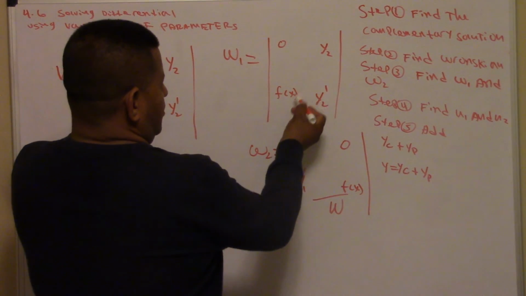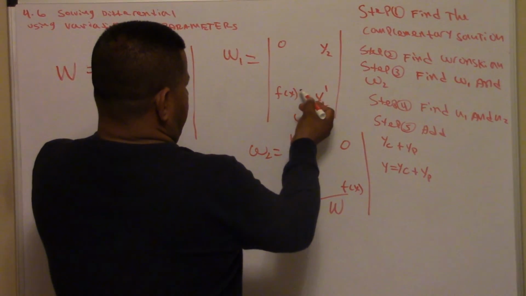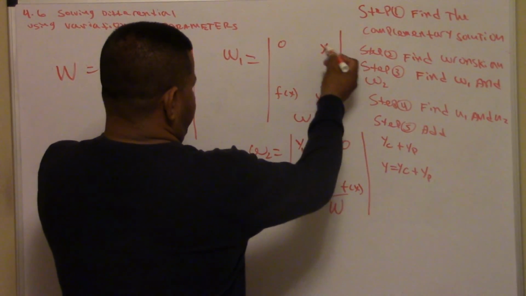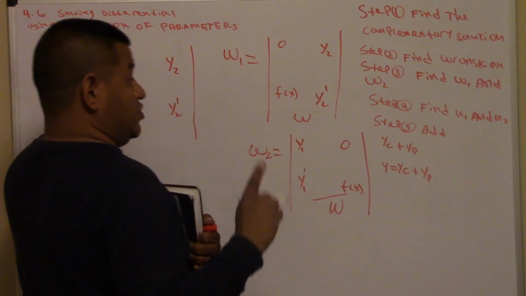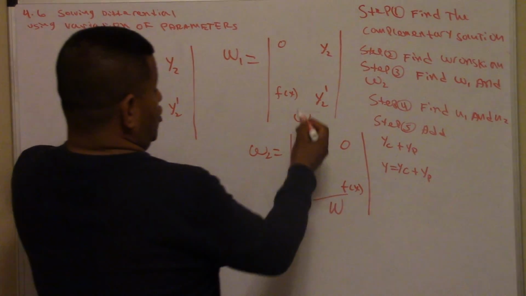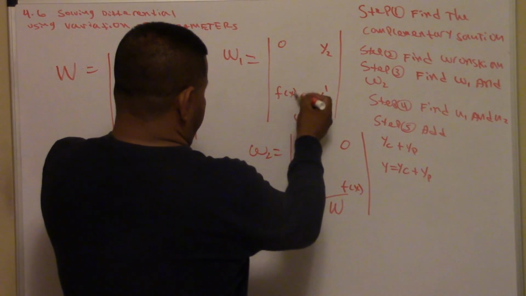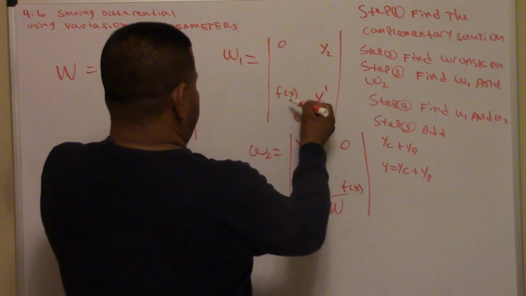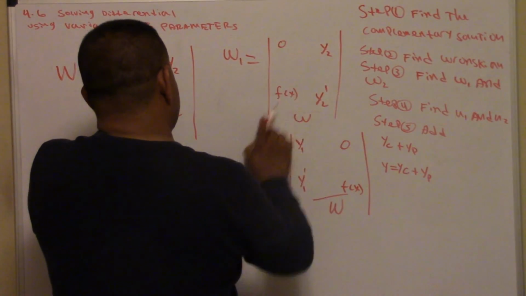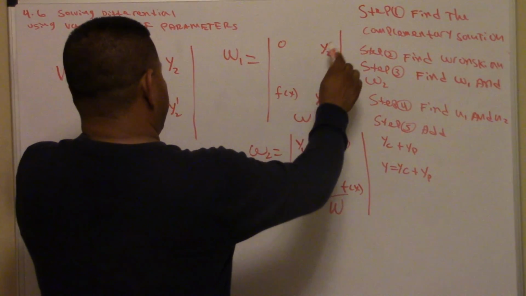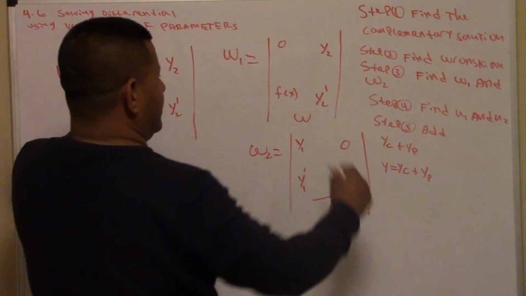When I multiply f of x times y2 and subtract this diagonal, I'm going to get a negative.